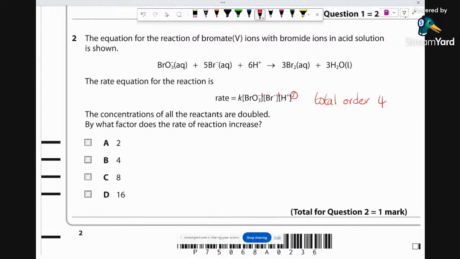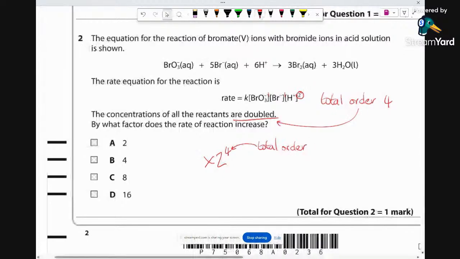is 4. For those students who aren't sure, the total order is really needed for this exact question. If I double everything, you can do this stepwise and it'll give you the answer, but the total order is really useful. So we're going to do 2 to the power of the total order. You can only use this if you're doubling everyone.